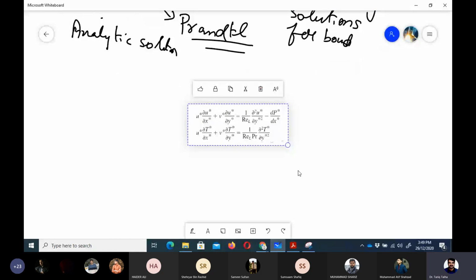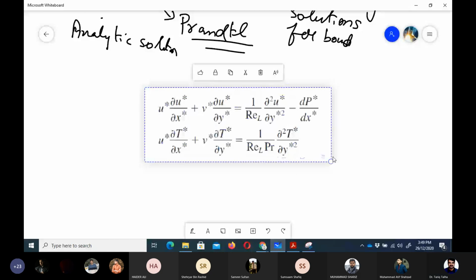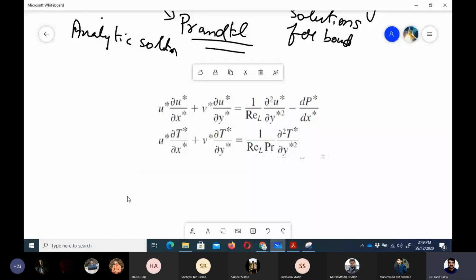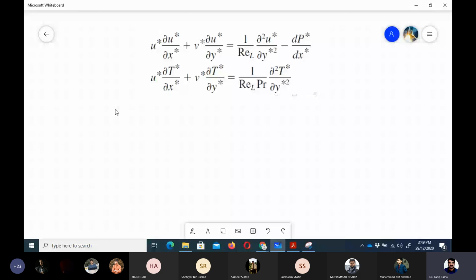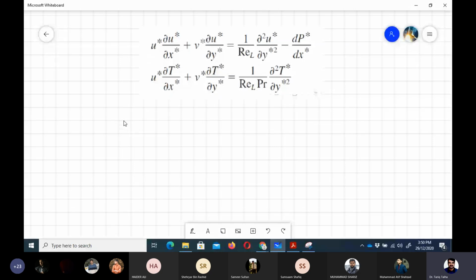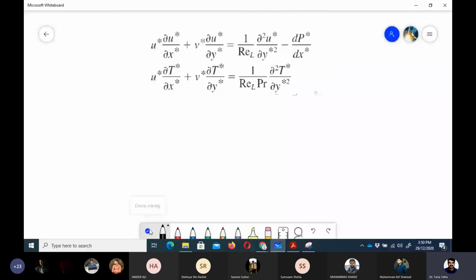Okay, so these are the two equations, right? In the first equation we want to determine u. As you do in the Buckingham pi theorem, first of all you write the functional form, that is, the dependent variable is written in terms of independent variables. For u I would only write the functional form, but for the temperature we would do a little bit more work.